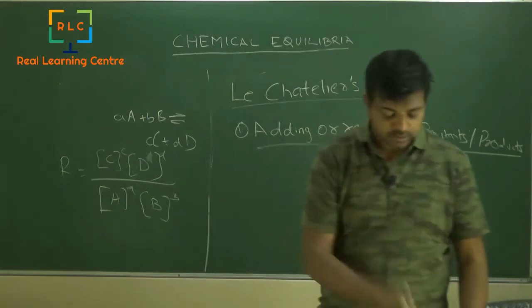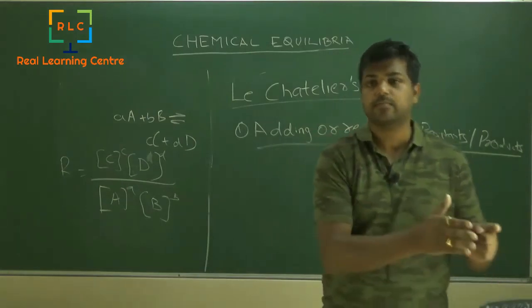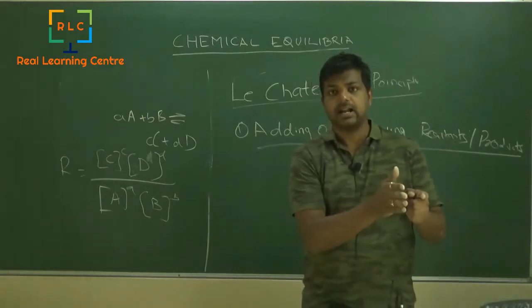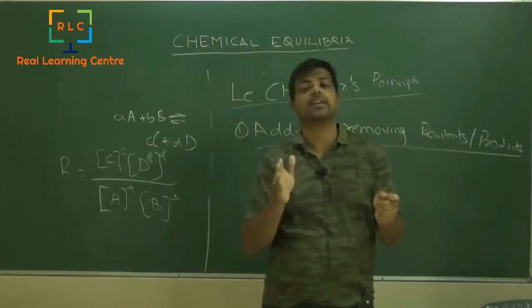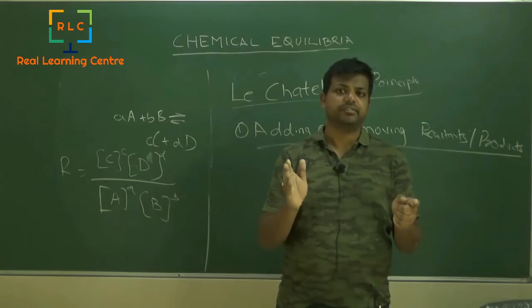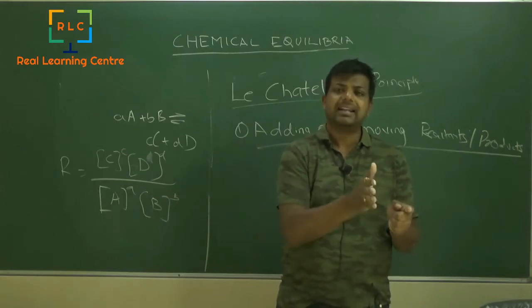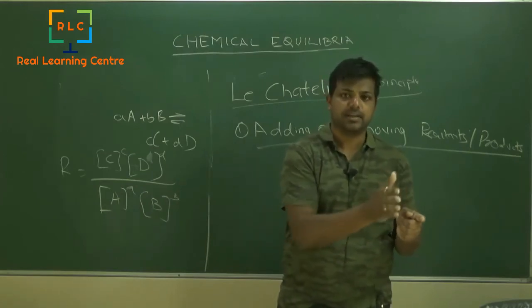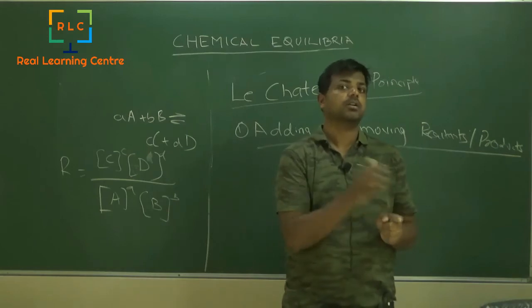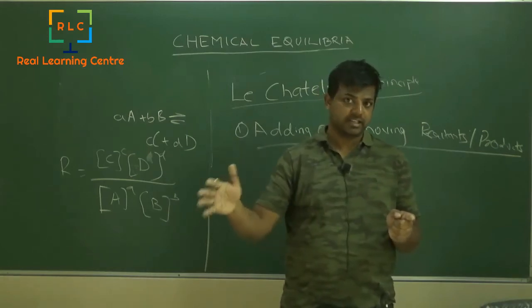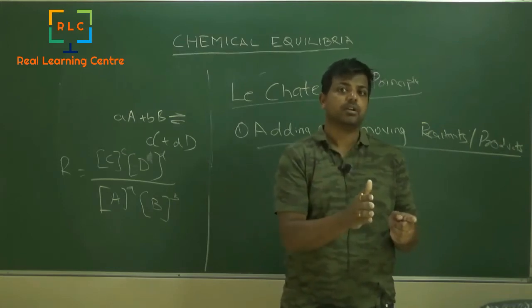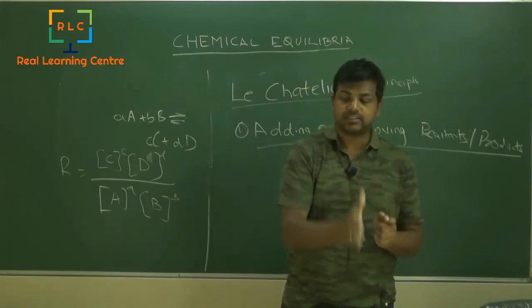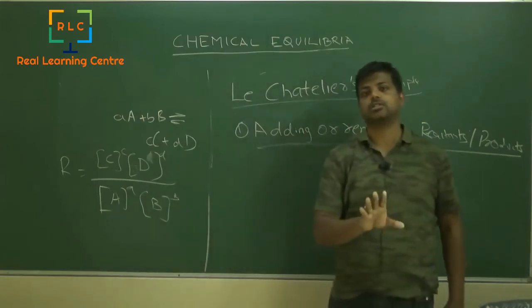So maybe you started with 1 liter or 1 mole of each of them at the start, and let's say in the previous question the equilibrium was reached when 3 by 5 mole of the reactants were used. So at any other stage, for example when it was half mole, not 2 by 5, because 2 by 5 is when the equilibrium is reached, since 3 by 5 gets used up. So at half mole, half liter, whatever is the value of this expression, that's your reaction quotient, right?